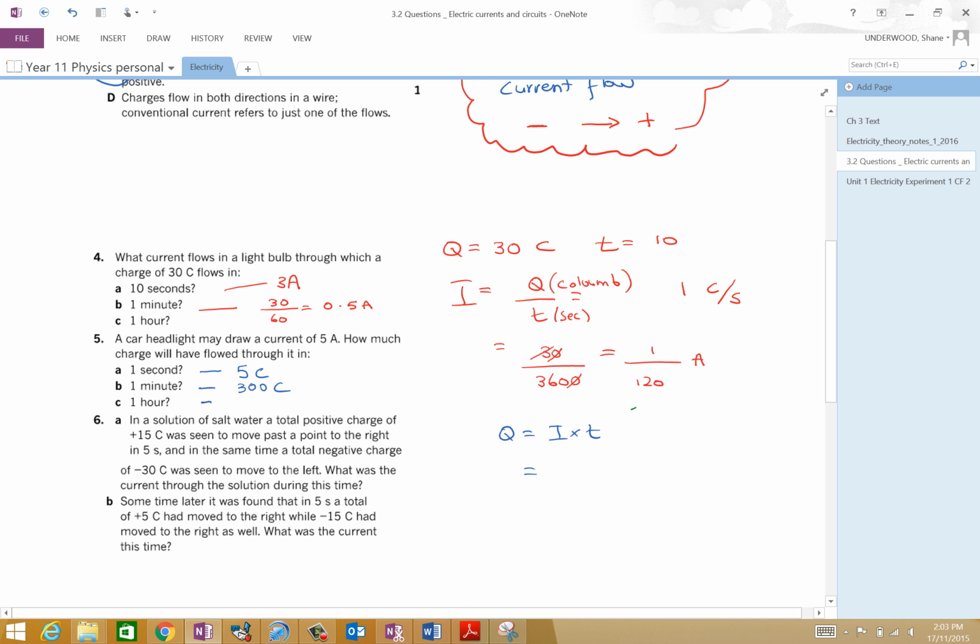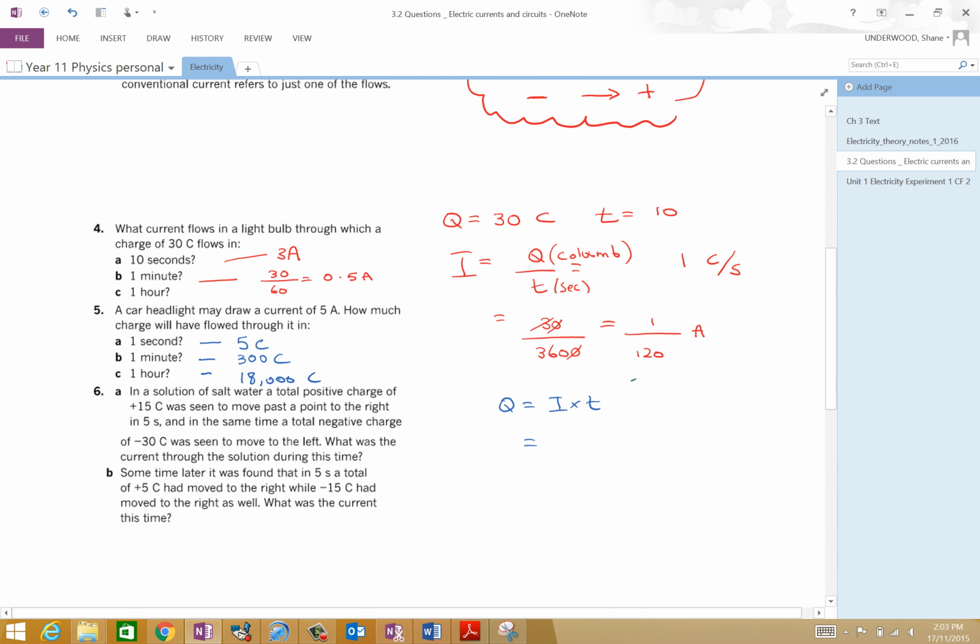And 1 hour: 3,600 times 5. Is that 18,000? 18,000 coulombs? I haven't used a calculator. I hope I'm right. Okay, 18,000 coulombs. So pretty much at this stage, still looking at that.